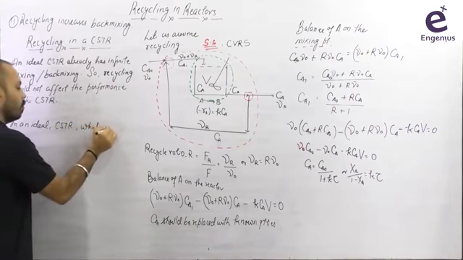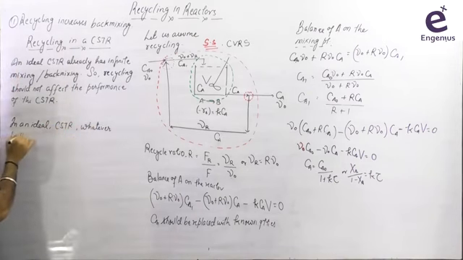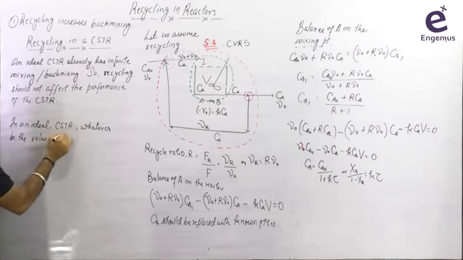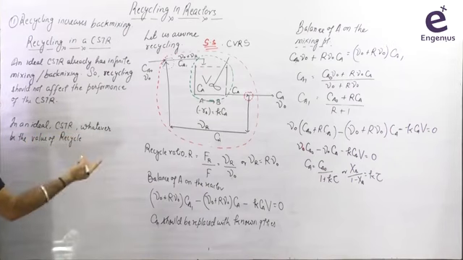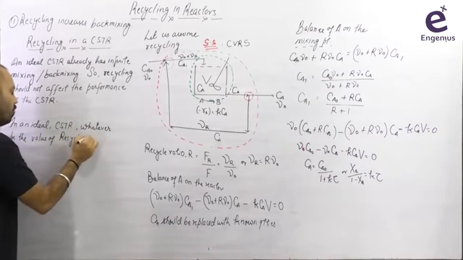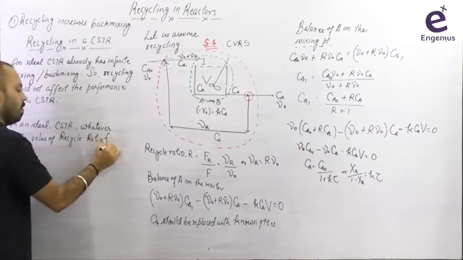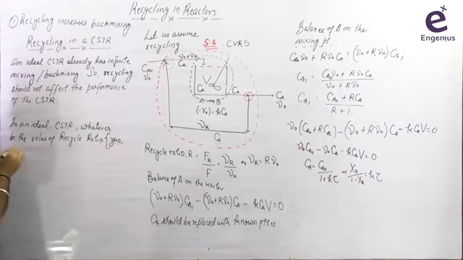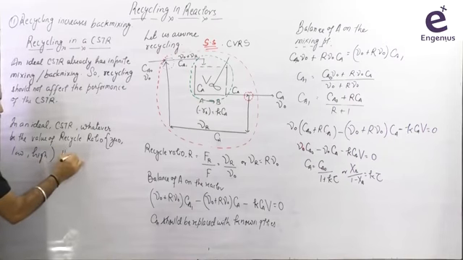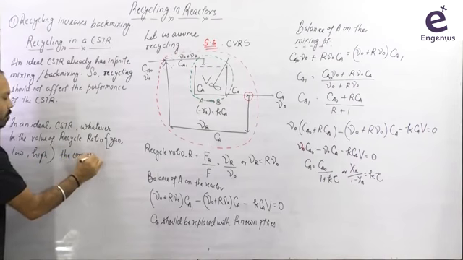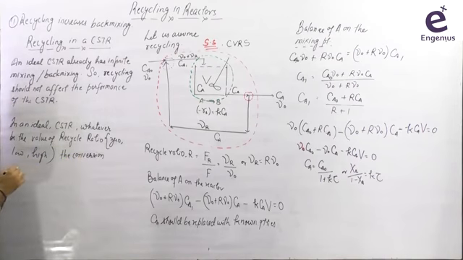whatever be the value of recycle ratio, means high recycle, low recycle or no recycle, you can write in the bracket 0 means there is no recycle, low 2, 3, 4, high 50, 60, 100 or even higher, whatever be the value of recycle ratio, the conversion obtained, or you can say the performance of the CSTR, remains the same.